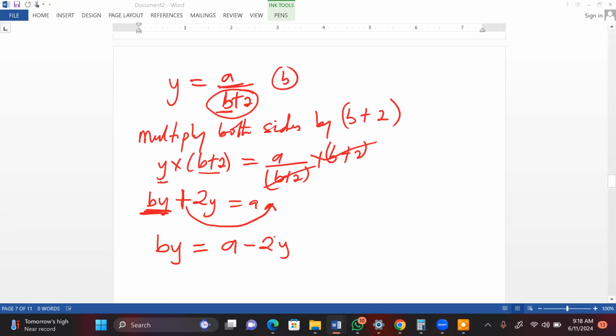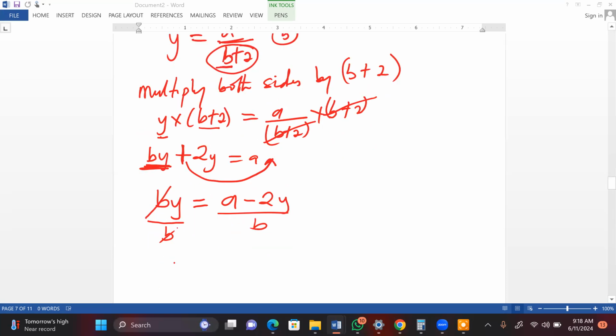Now it is B we are looking for, not yB. What am I going to do now? Divide both sides by y. Oh, that's great, you're fantastic. So y cancels y. Then B will equal A minus 2y all over y. This is the answer.